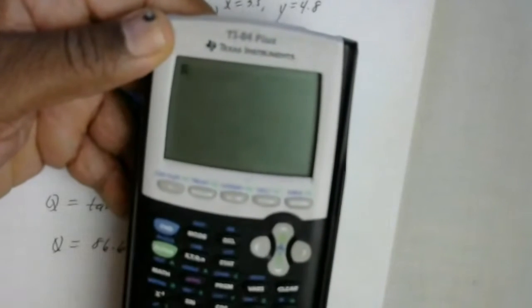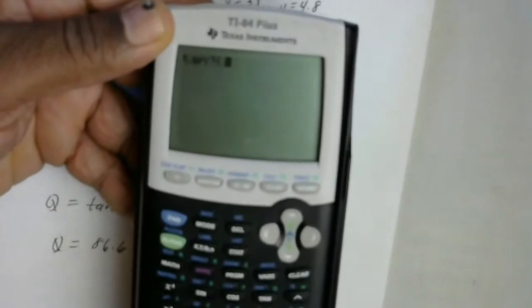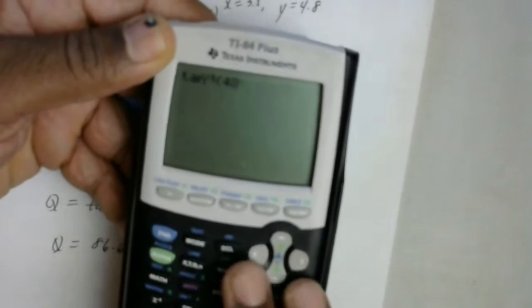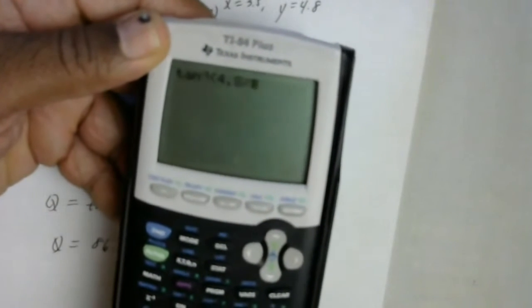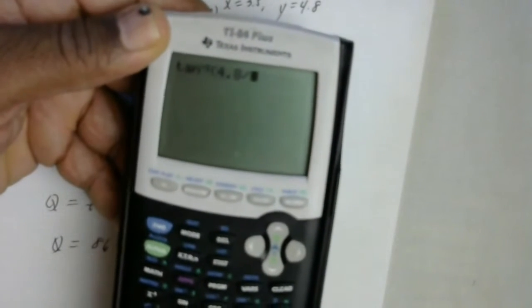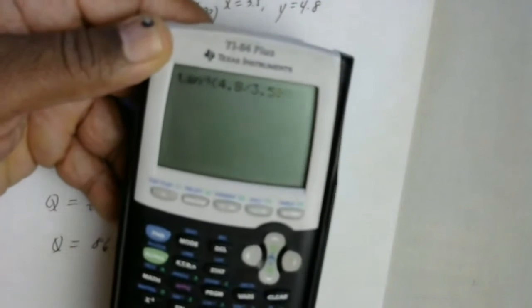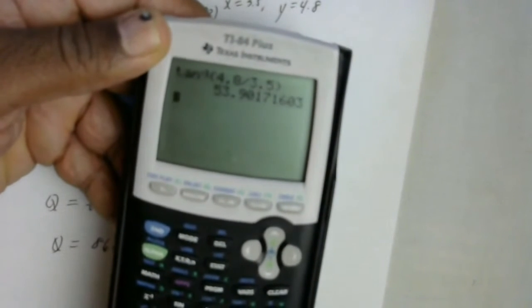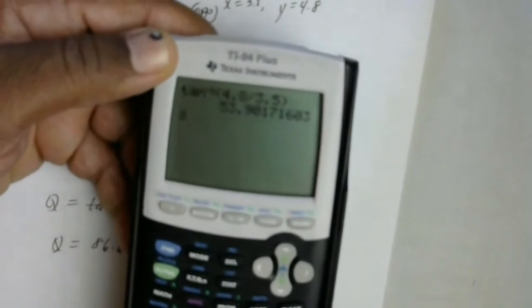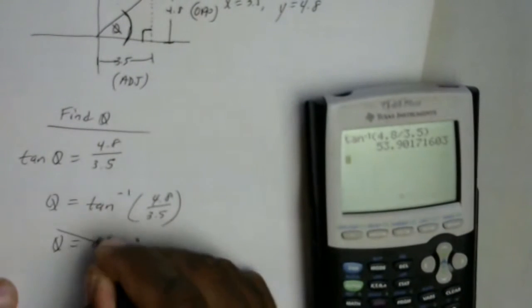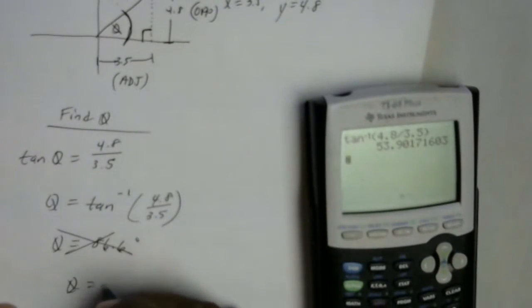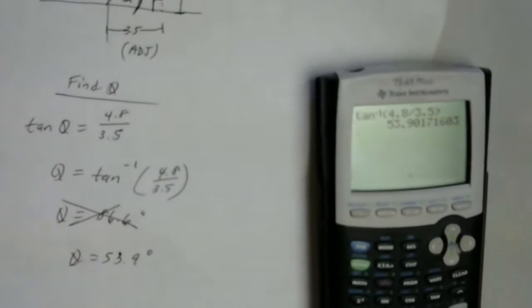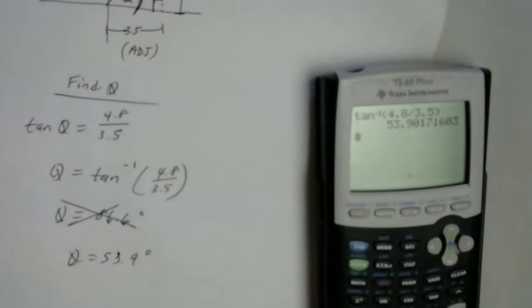That should be the arc tangent of 4.8 divided by 3.5. Is that what you got? 53.9? Yes, sir. Yeah, that should be 53.9. Okay, give me a second.